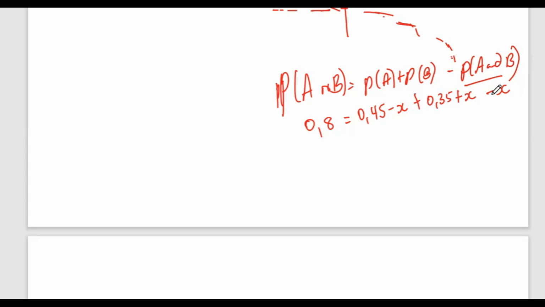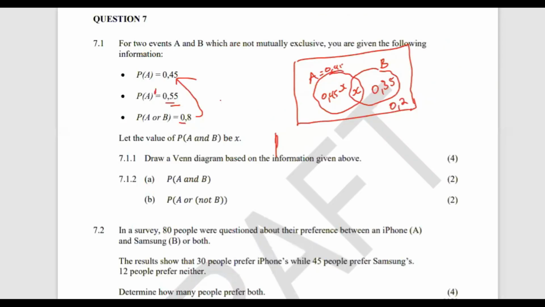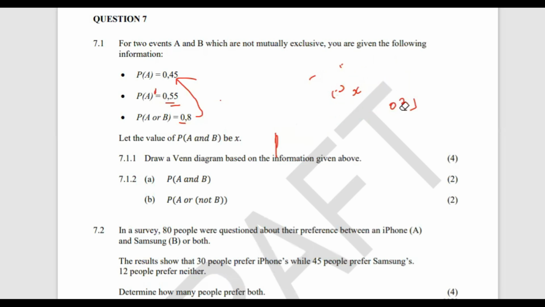This gives me 0.8, which still doesn't make sense for me. Oh, this is going to make me change my representation, because then it won't be making sense if I put it that way.